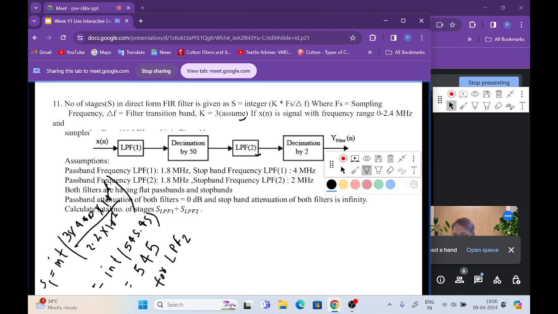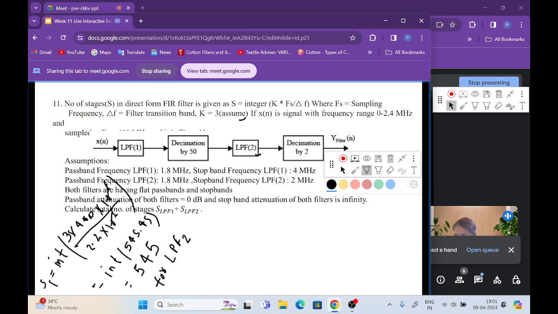Here, after getting the signal, we are decimating by a factor of 50. So the input signal x of n is decimated by a factor 50. Decimation is nothing but reducing the number of samples, or compression.